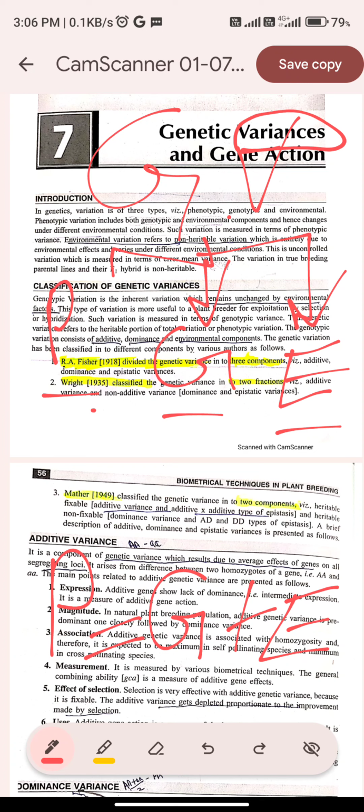So how things are morphologically varying, differing from each other, may be due to two reasons. Either a difference in the genotype of the two things that you are comparing, or the effect of environment. The two things that you are comparing may be living in different environments, and environment effects are coming, that's why they differ. So phenotypic variation is due to two reasons, genotype and environment.